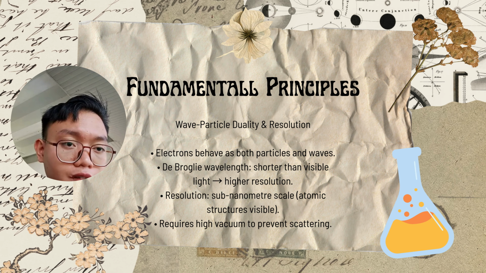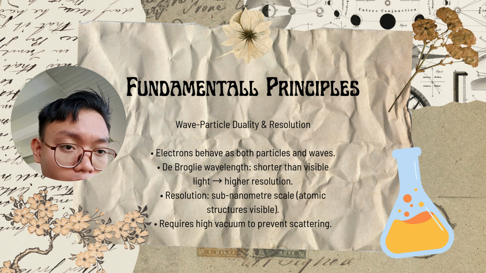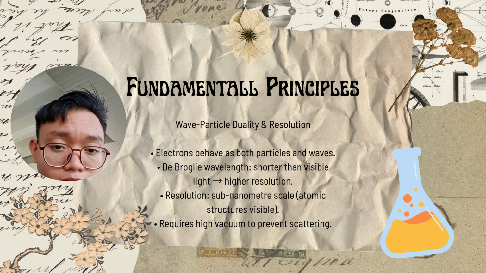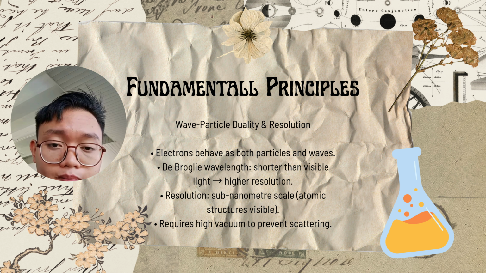Since electrons behave as both particles and waves, they follow the de Broglie wavelength, which is shorter than visible light, therefore increasing resolution. These resolutions are at the sub-nanometer or atomic scale, which allows structures to be visible to human eyes. However, it does require a high vacuum to prevent electron scattering.